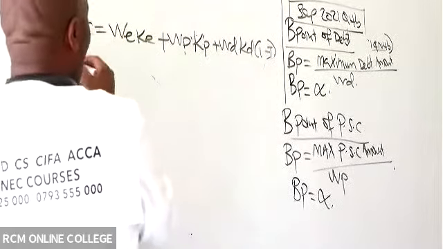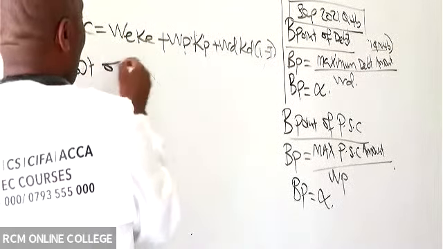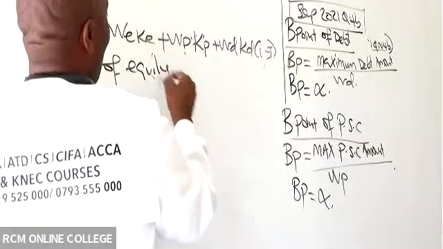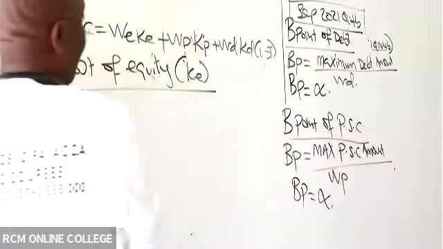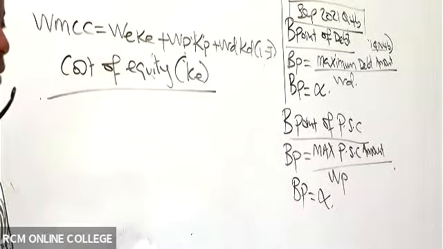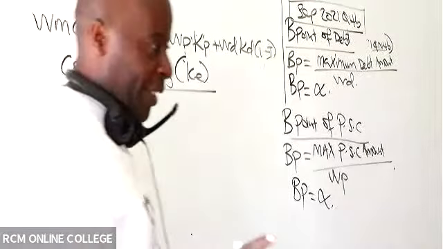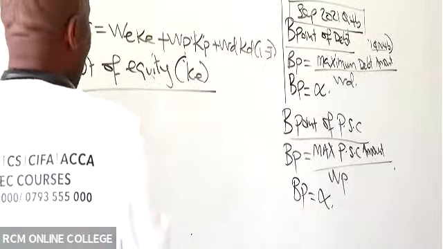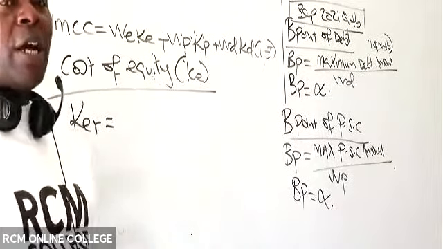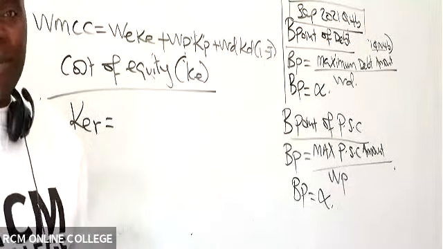So we start with cost of equity, which is KE. Remember, we have two types of cost of equity: cost of equity retained earnings, and cost of equity ordinary share capital.